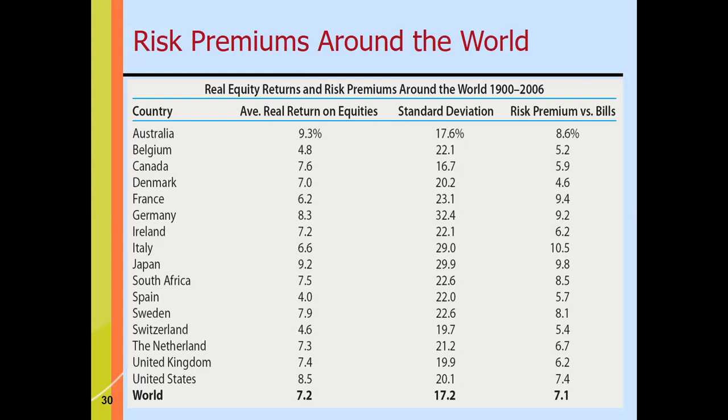They have direct relationships, but for individual stocks that does not hold true, so we think of the classes. Here we have the risk premium versus bills. In other words, the risk premium is the difference between equities, for example, and other securities.